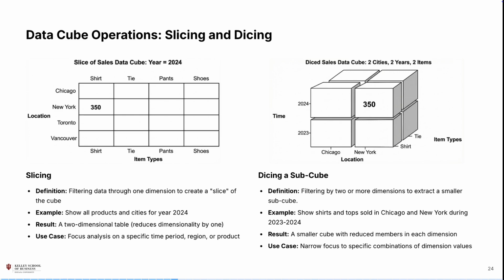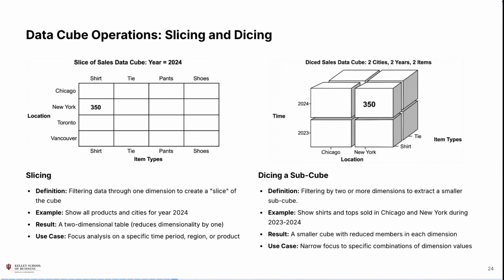Dicing is to create a small cube, a subcube. We filter by multiple dimensions to get a smaller cube. For example, we can ask, show me the shirts and ties sold in Chicago and New York during 2023 and 2024. Now you have a smaller cube with only two products, shirts and ties, two locations, Chicago and New York, and 2 years, 2023 and 2024.